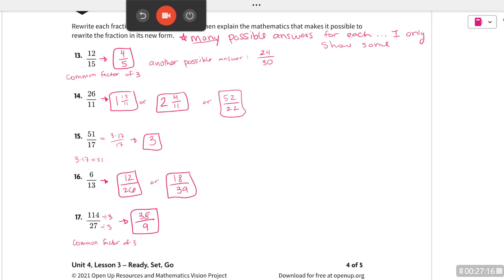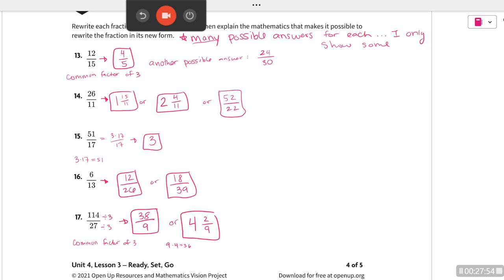So 38 over 9. I also might recognize that 9 is much smaller than 38, so I could write that as a mixed number instead. 9 times 4 is 36, so I'm going to bring 4 of them out, and that leaves me 2 left over. 4 and 2 ninths.